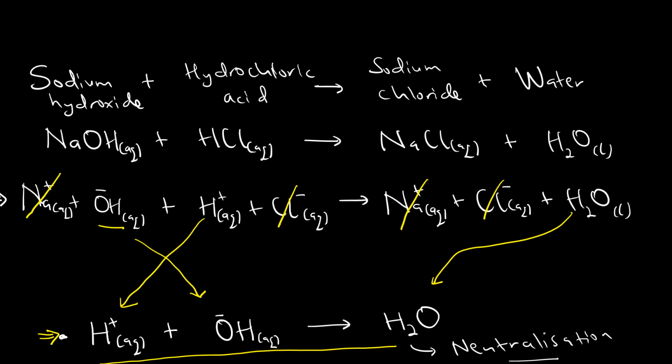Yes, you can feel free to try out other examples. For example, the reactions between maybe oxides and acids. Let me leave the question below. So for reactions of acids on oxides, it is a bit similar to acids on hydroxides.